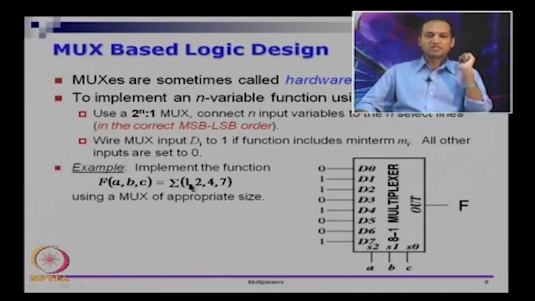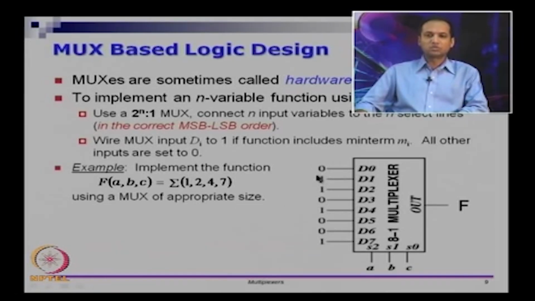Now let us see the minterms here. Minterm 1: take the D1 input and put 1 there. Minterm 2: take the D2 input and put 1 there. Minterm 4: take the D4 input and put a 1, and for 7, take the D7 input and put a 1. This is the truth table for the circuit: 0 1 1 0 1 0 0 1.